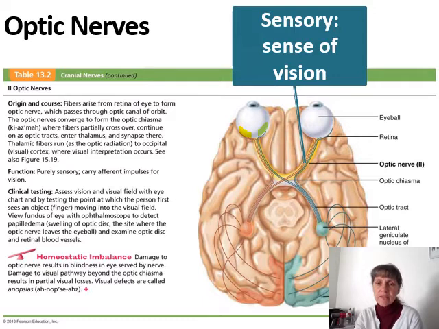And the fibers on the medial aspect are the only ones that cross at this structure known as the optic chiasm or optic chiasma. The lateral fibers stay on the same side. So here are the lateral fibers. They're going to stay on the same side. Only the medial fibers cross at the optic chiasma.